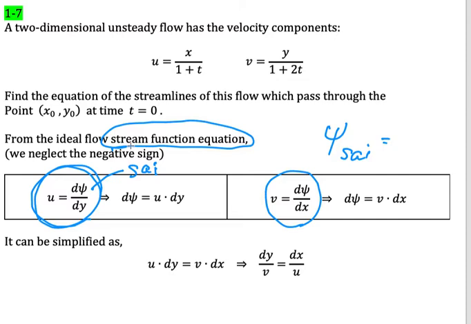In some textbooks, they will give you v is equal to negative dψ/dx. But in this solution, it is okay for us to neglect the negative sign, because the direction is not so important.